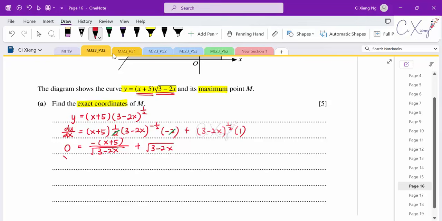If I rephrase my equation here, bring this particular term over, become positive, it is equals to square root 3 minus 2x. Bring the square root over, I'm having 3 minus 2x. Therefore, from here, we can solve the value of x very easily, where it should be negative 2 over 3.